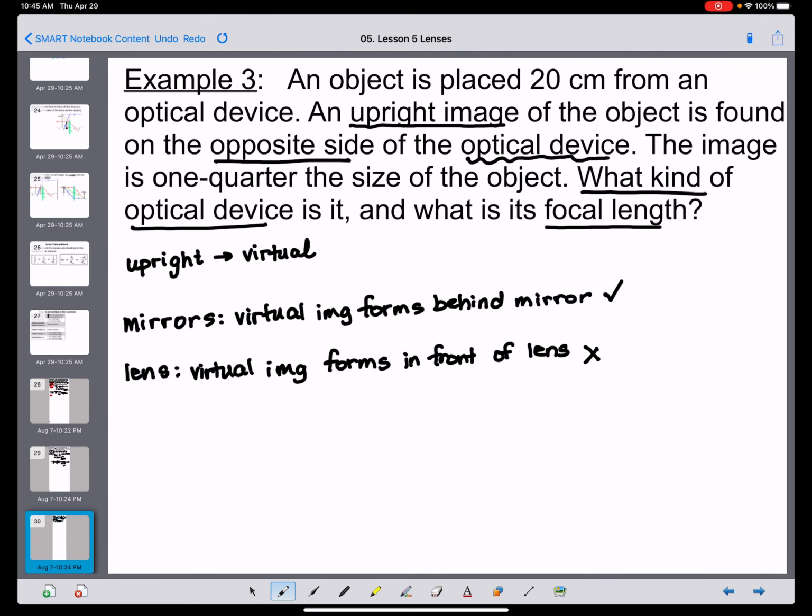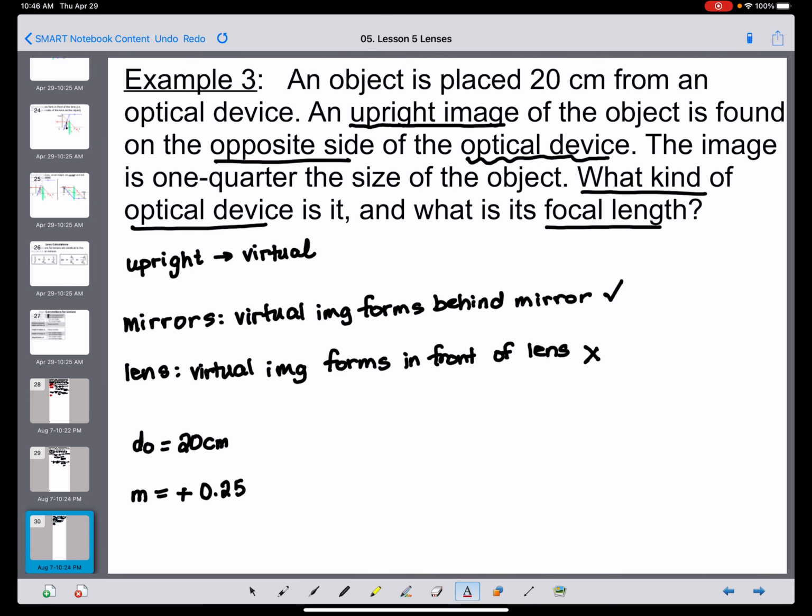So it says, what is this mirror's focal length? Writing down numbers, DO is 20 centimeters, always positive. The image is 1/4 the size of the object. When you're writing down your magnification, you need to think about both the number and the sign. Because it's an upright image, it's a positive magnification, and it's 1/4 the size, so 0.25. Then we need to find DI so that we can put DO and DI into the focal length formula.